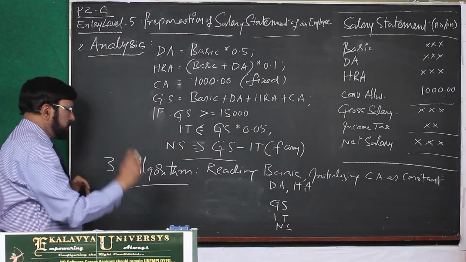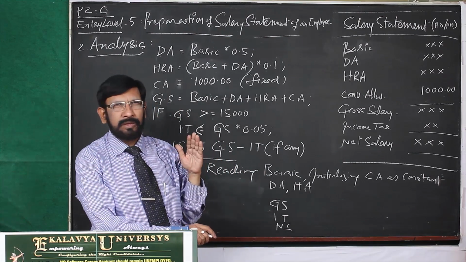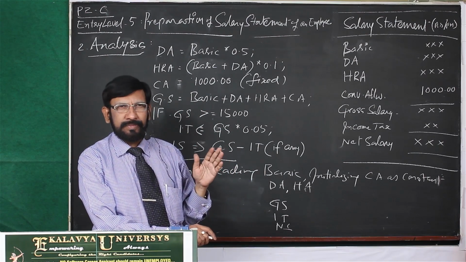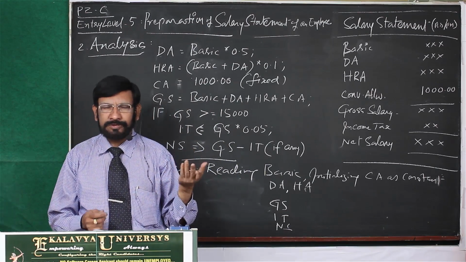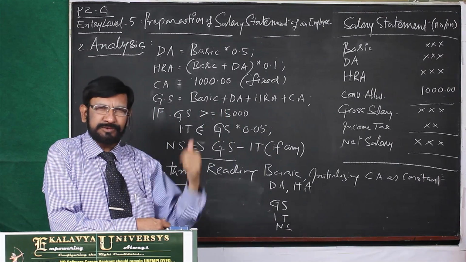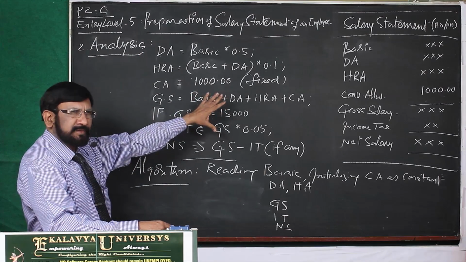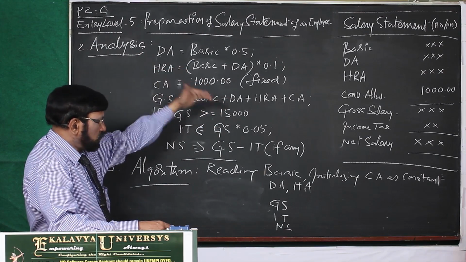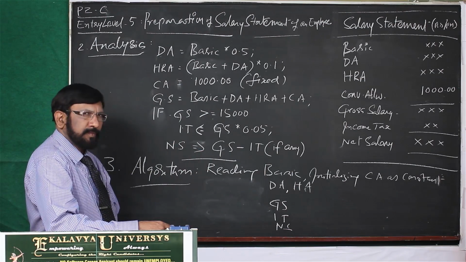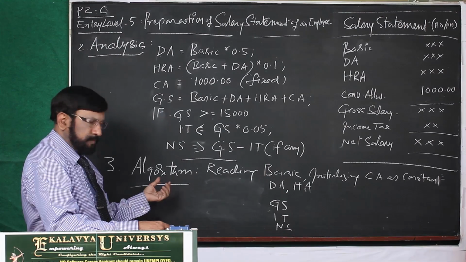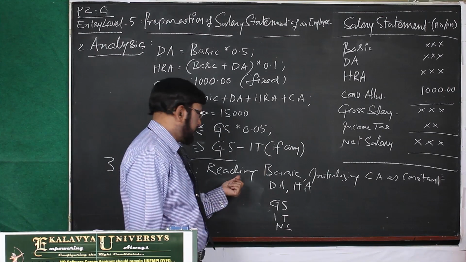The third one is the algorithm. We already have understood the problem and we understood the destination, that is the solution. Now we analyze all the intricacies in the problem, we specially focus, and thereafter we consider what the steps in the program are, that is the procedure to implement the program that we are writing.